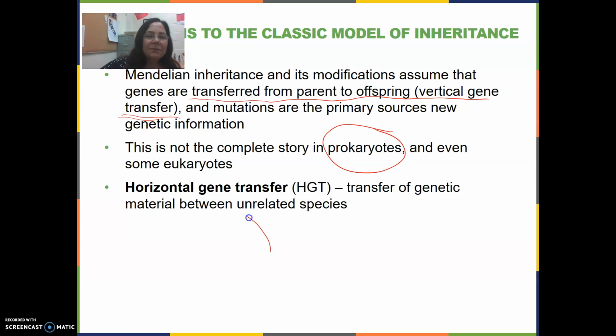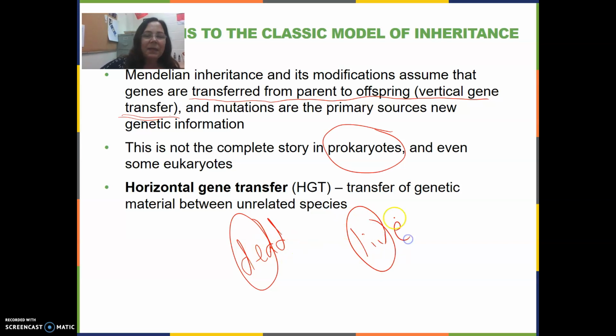Take a dead bacterium and a live bacterium. A gene, say from a little plasmid, which is a small circular ring of DNA, can be transferred from that dead bacterium into that live bacterium.